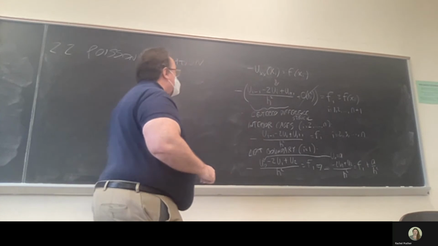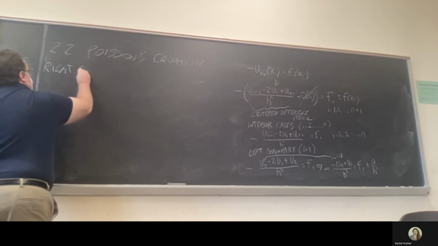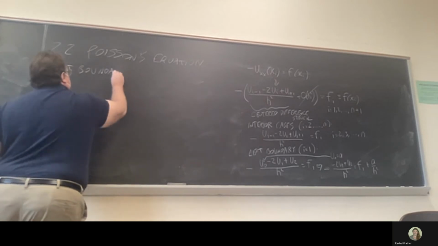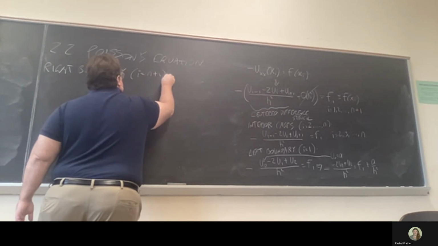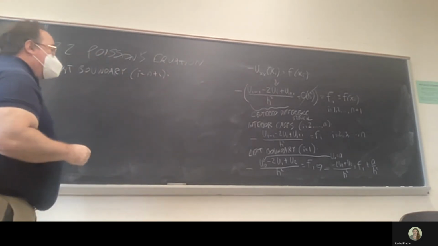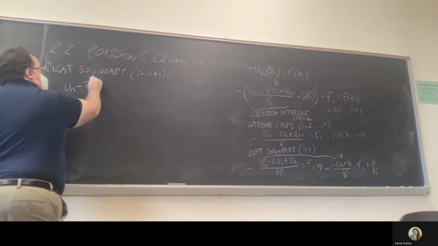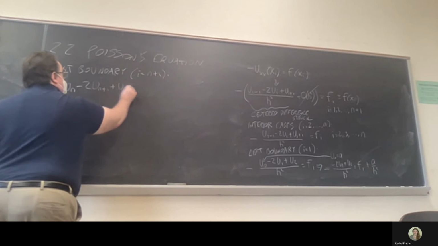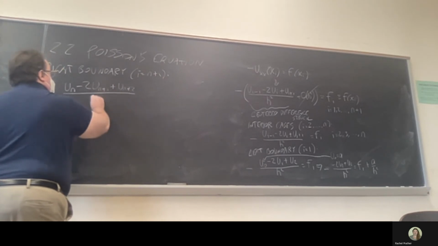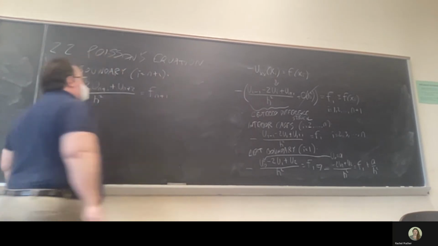Okay, so I have minus, and I have u_n minus 2u_{n+1} plus u_{n+2} all over h squared is equal to f_{n+1}.